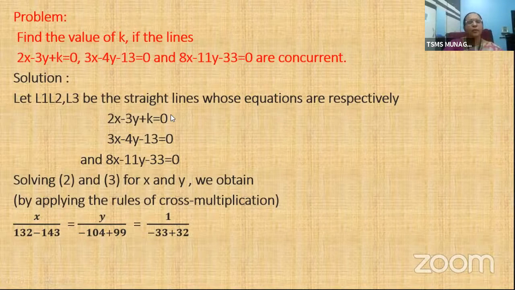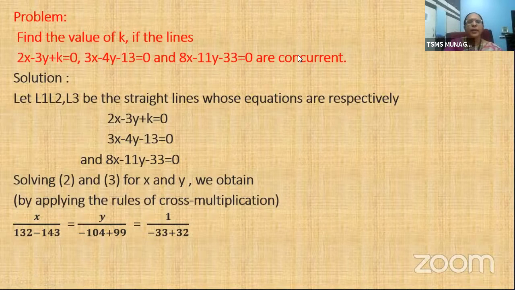So I have taken the 3 lines whose equations are given, and applying the cross multiplication method. I hope you remember the cross multiplication method. You have to take the coefficient of y, then the constant, then x, then again y, and apply cross multiplication. You will get this value as 3 into 13.